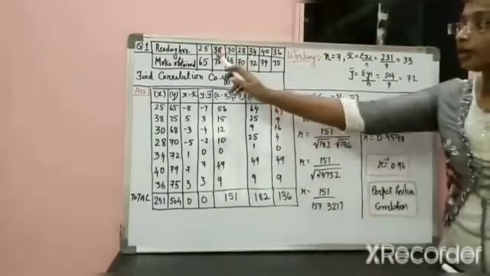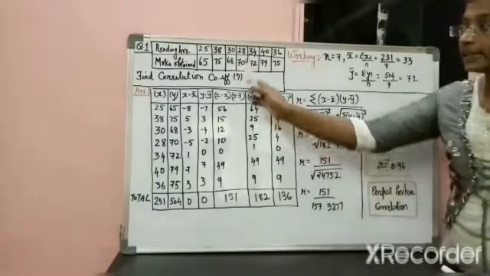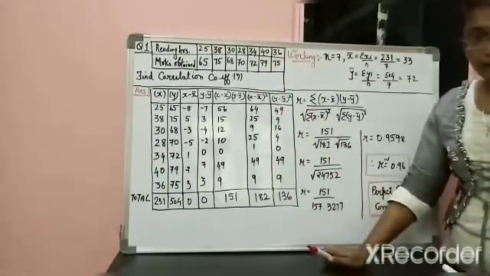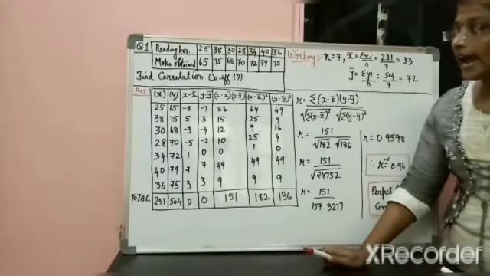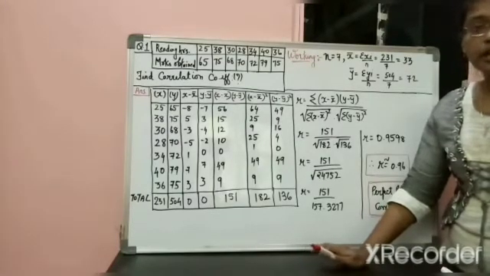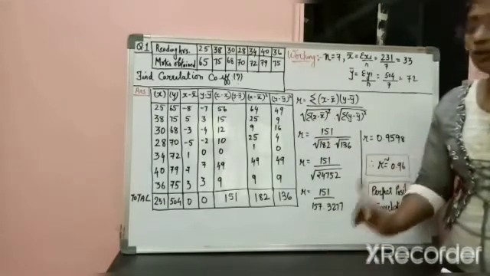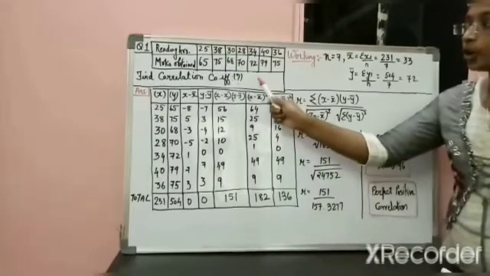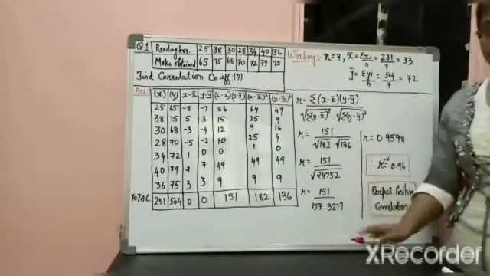Okay, so the first candidate reads for 25 hours and gets 65 marks. Second candidate reads for 38 hours and gets 75 marks. Like this it moves on for every candidate. So this is the data given to you. Then you have to find out the correlation coefficient.